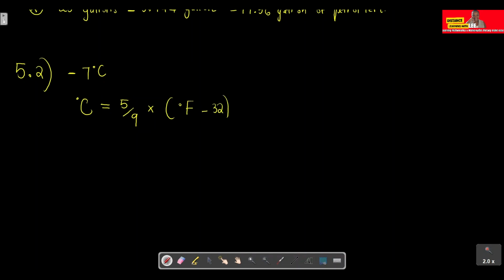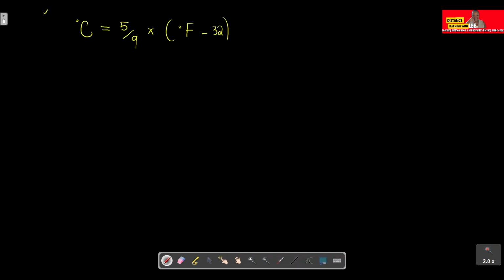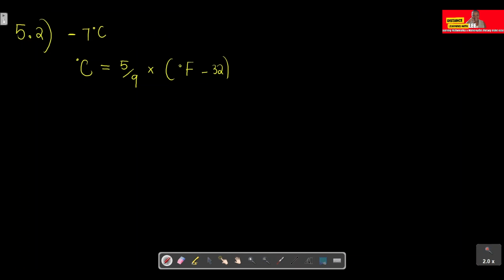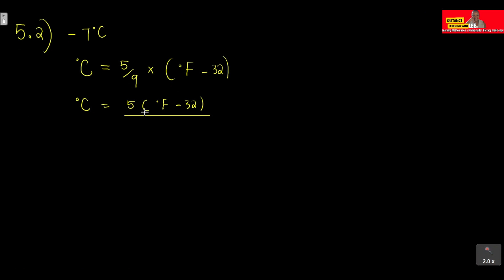Here I'm going to start off by isolating the F from this equation. So how can I basically get rid of this here? It's the same as saying 5 times degrees Fahrenheit minus 32, divided by 9.